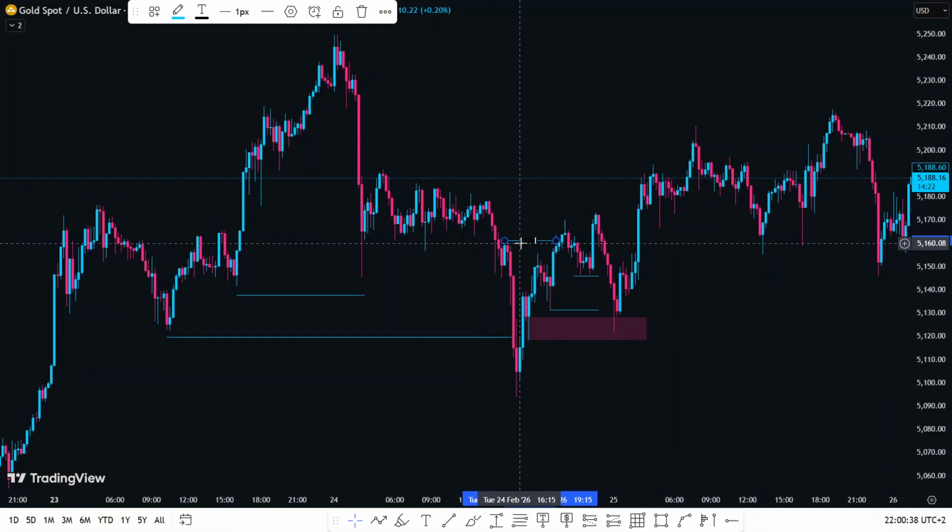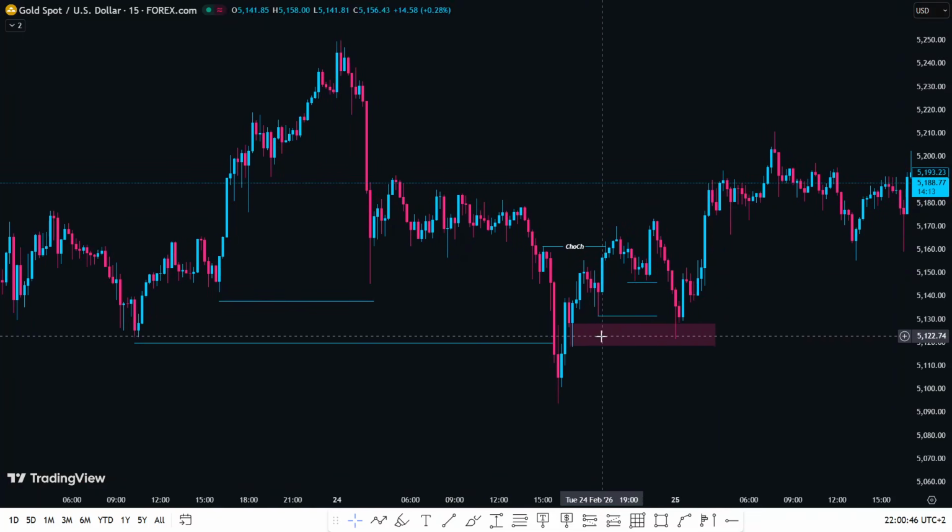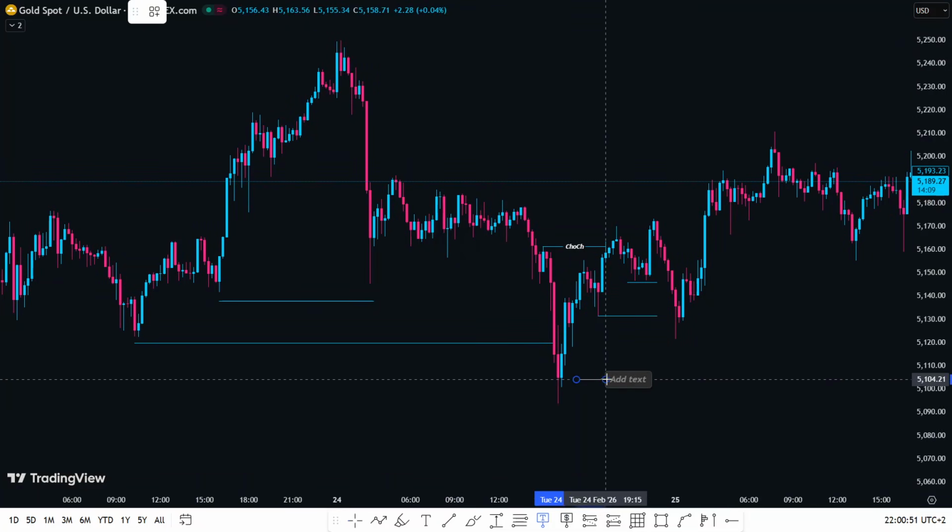Change of character. This is the portion for the stop hunt.